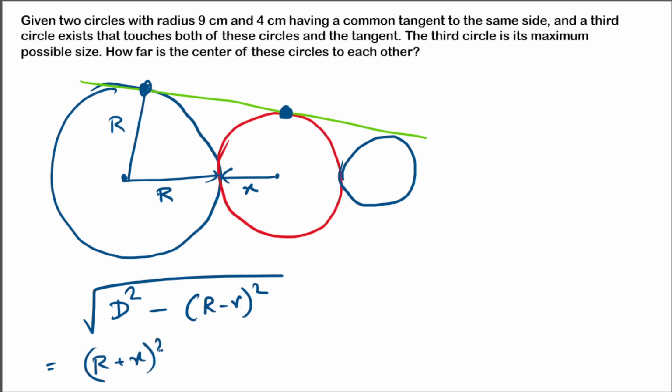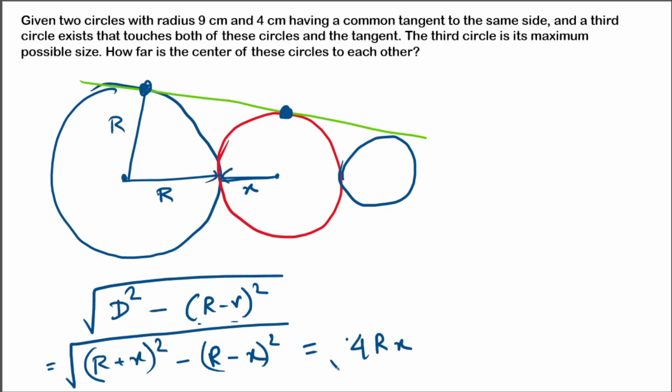R plus X square, and this is R minus R, so this is R minus X because the smaller circle is of distance X, right? So this should be equal to 4Rx, under root. So 2 under root Rx, right?